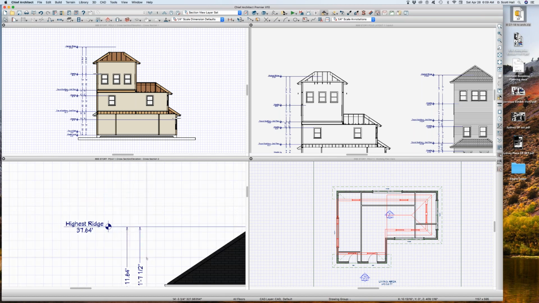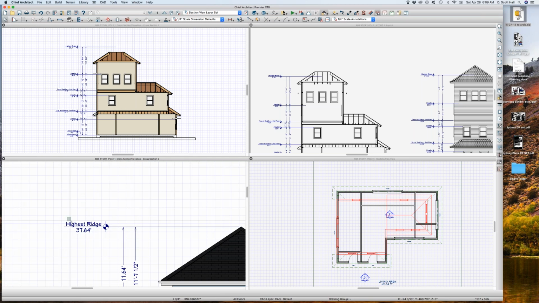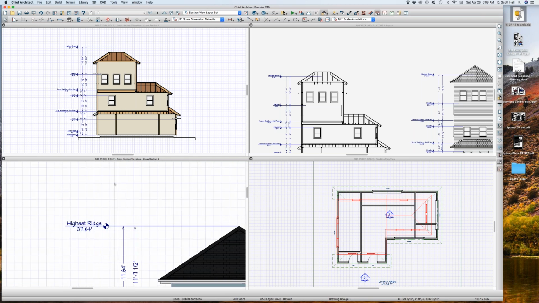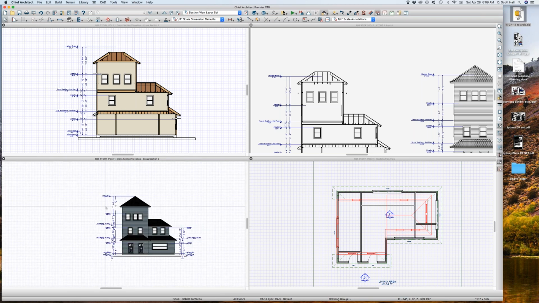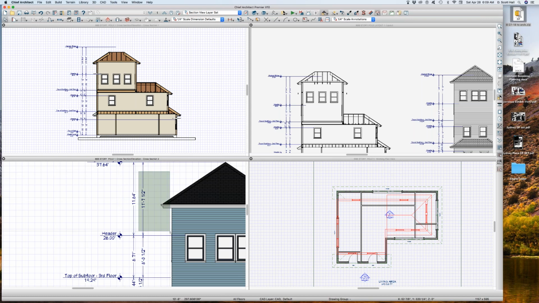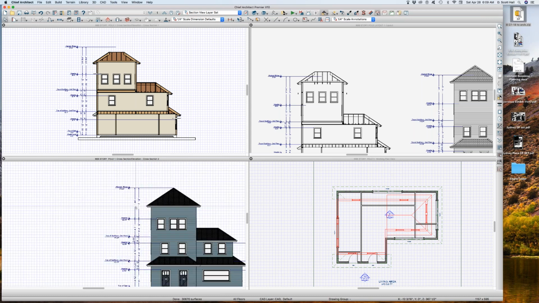Well, it's not. It's at 37.64. So that's why I want to use that format for this part right here, okay? But the framer, I think the framer wants this, 11.71, 11 foot 7.5 inches. He doesn't know what 11.64 feet is, right? I don't think he does.